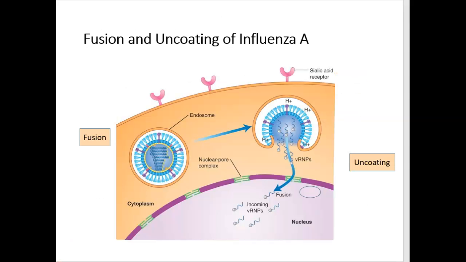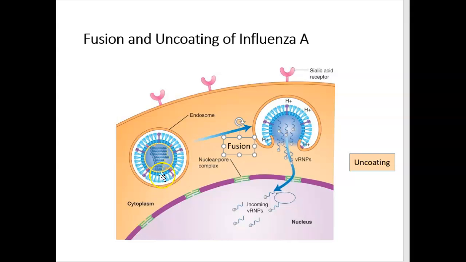I want to point out here in your book, there's an error in the book. So in your book, on the fusion and uncoating image, it labels fusion here as like entering the nucleus, which is weird. So that's not fusion. Fusion is this process here, right?